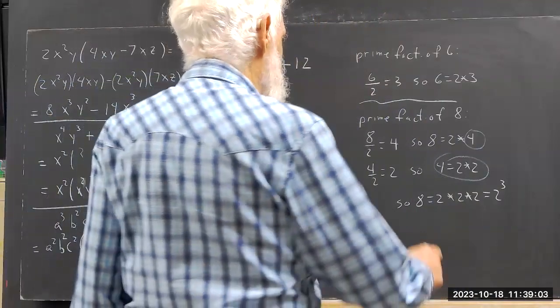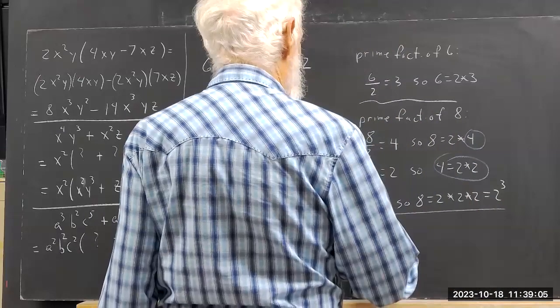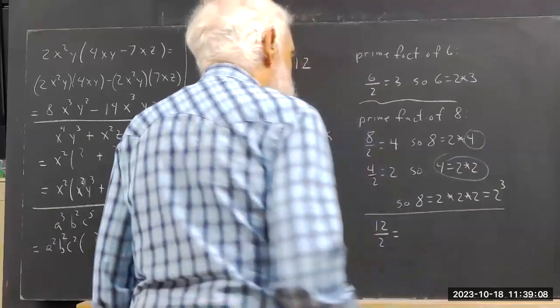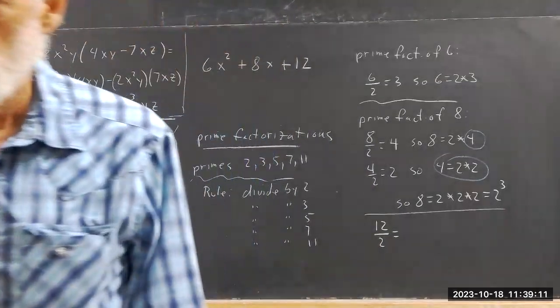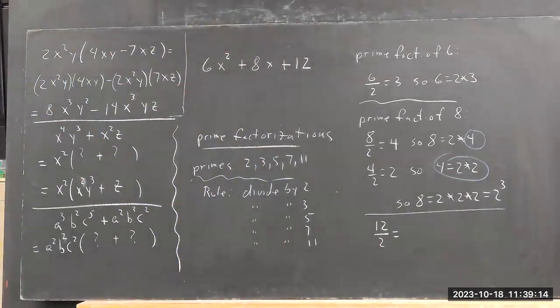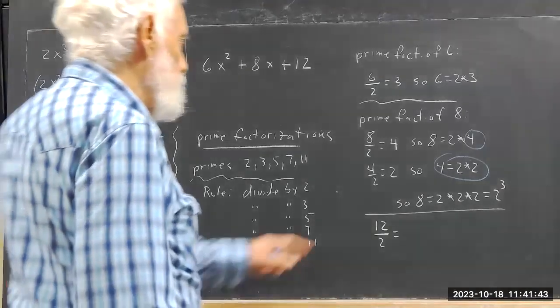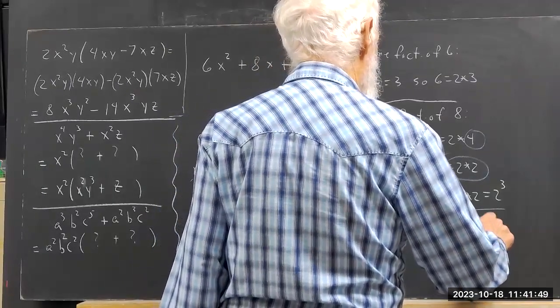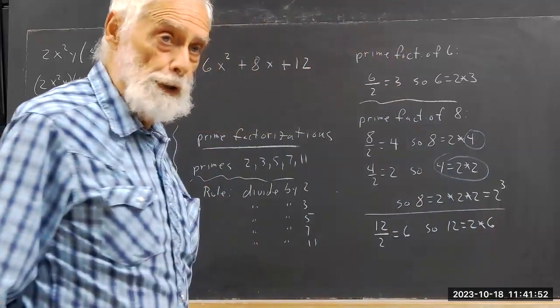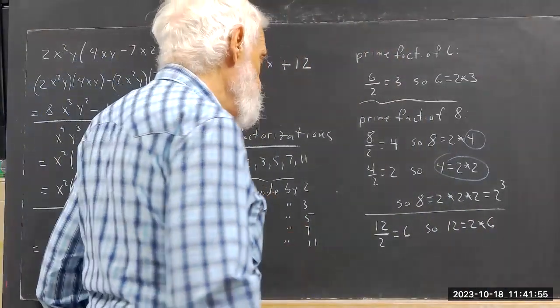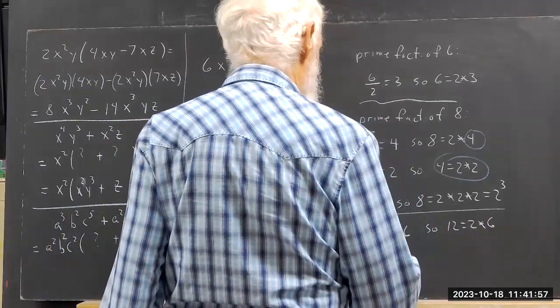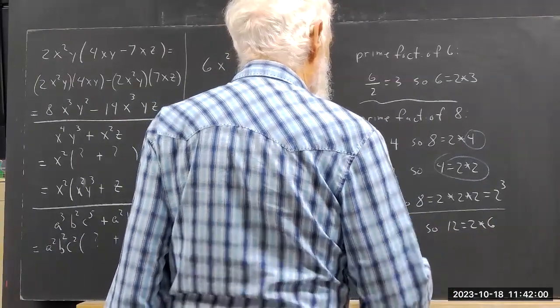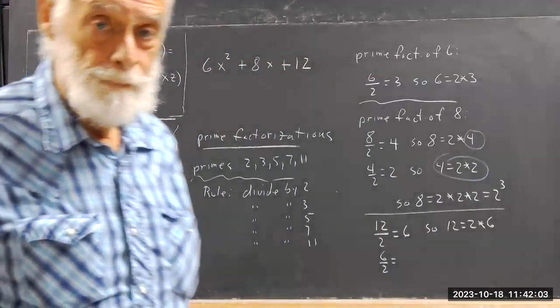Okay, well, let's try to do the same thing with 12. Here's your starter. 12 divided by 2 equals what? Okay, so 12 over 2 equals 6. 12 equals 2 times 6. So we got that. Okay, now 6. We divide 6 by 2. And what do we get?